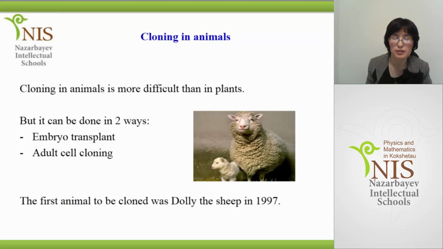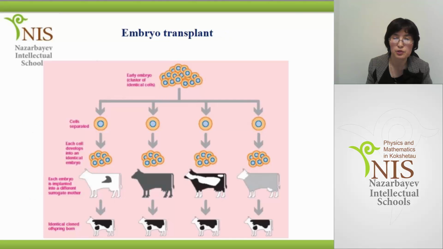And the next is cloning use in animals. Cloning in animals is more difficult than in plants, but it can be done in 2 ways: embryo transplant and adult cell cloning. The first, embryo transplant, you see in this picture.